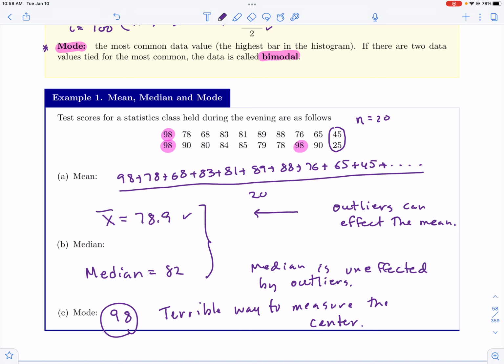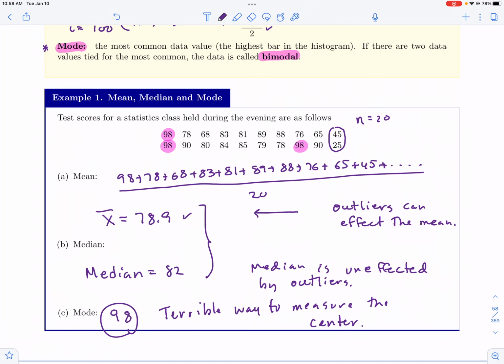So if you're ever in a situation where you have to decide whether the mean or the median is the better choice, that's what you're going to think about: are there outliers in my data? If there are outliers, then the mean is not going to be the best representation of the center, the median will. Technically, if there are no outliers, the mean and the median are going to be pretty close together, and in that case you could choose either one of them and you'll end up with a pretty accurate result.